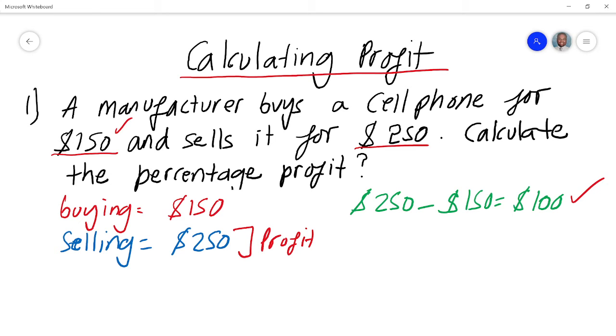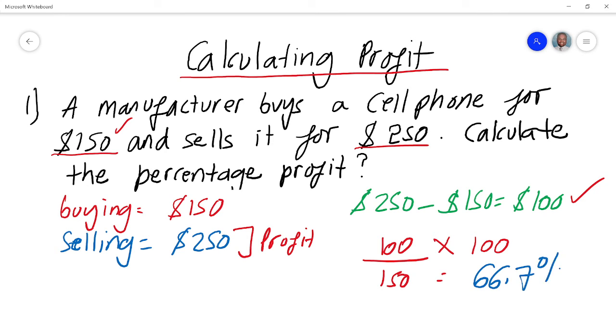So it's going to be 100 divided by 150, which is your buying price, and then you multiply it by 100 because it's a percentage profit. And you're going to get 66.7%. That's how much of a profit this manufacturer has made.